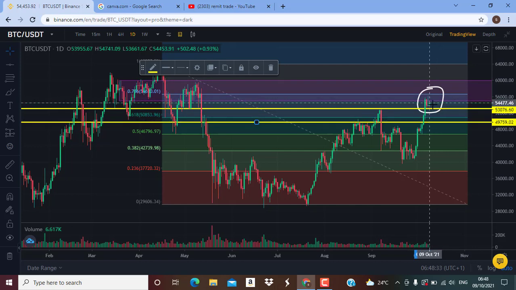If we see the market break through this Fibonacci level, the 0.786 level, then expect the market to create another new high. I talked about this also in my previous video, so don't fail to look at this level. It's a very important one, and also take it into consideration before you take any trades.